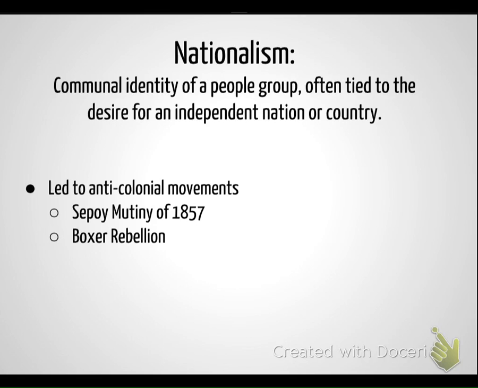And so we start seeing the early stages of anti-colonial movements, starting with the Sepoy Mutiny, which goes to this idea of how many sepoys, people who were Indian, were working for the British as soldiers, and ultimately there's some rumors about the cartridges and their guns being greased by pig and cow fat, which was offensive to both Muslims and Hindu Indians. And so we see that this brings about a big uprising that the British suppress massively, which brings a lot of tension, brings the British to have more direct control over India.